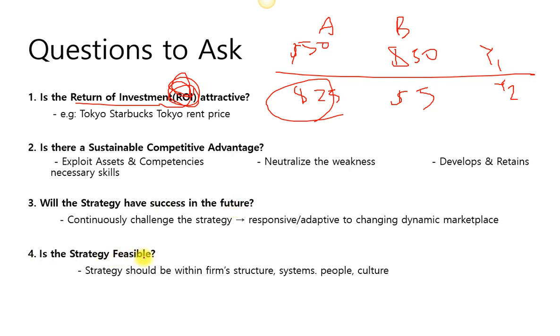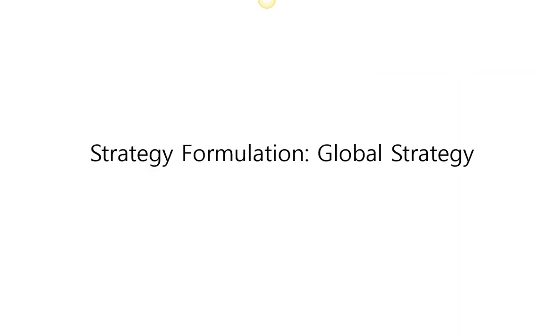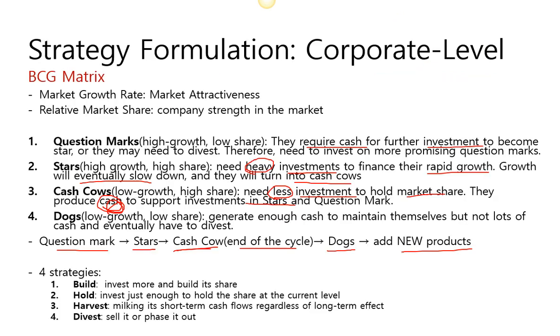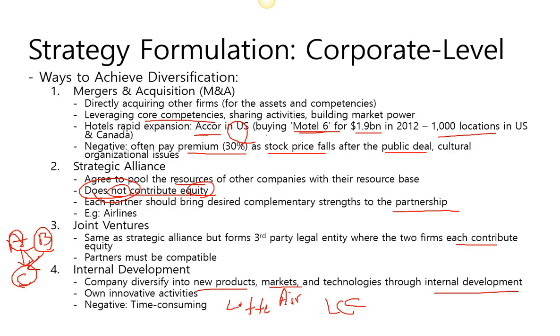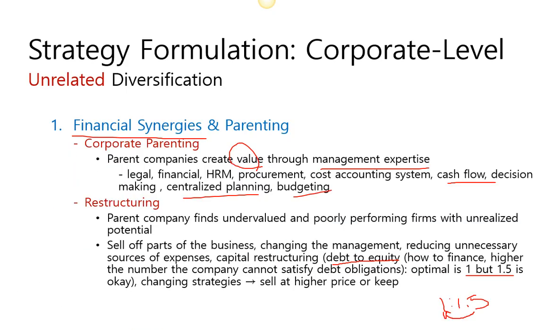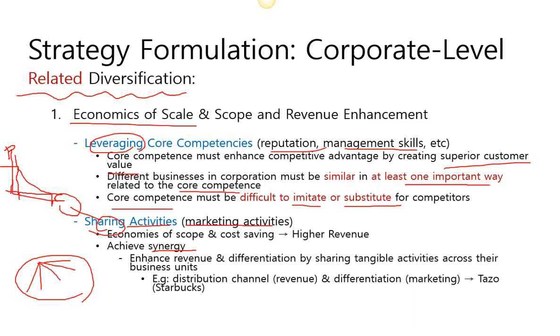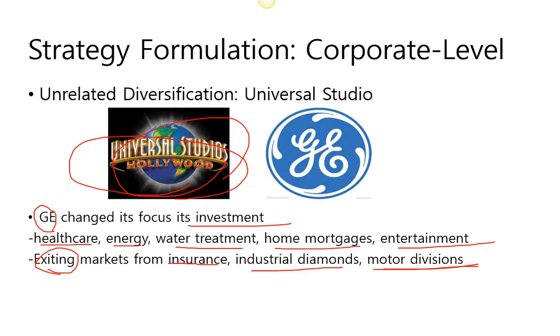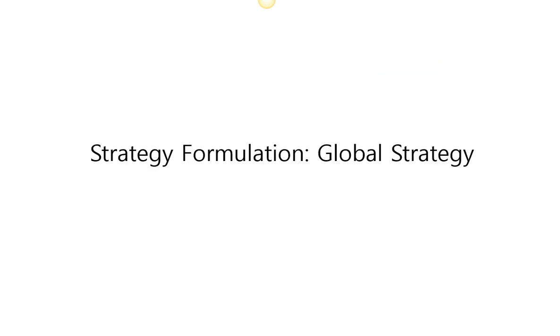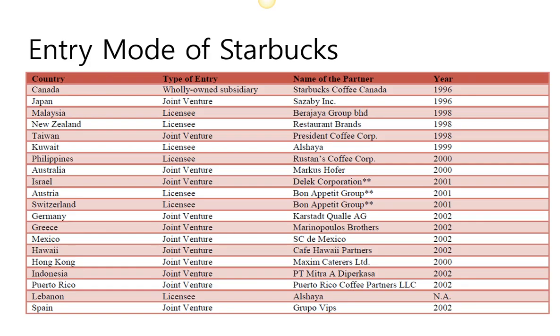Those are things to ask when you're thinking of which companies, businesses, or products to invest in and not invest in. So that's it for the corporate level. Unrelated and related diversification we learned about, and BCG. That's it. So we're going to look at global strategy.